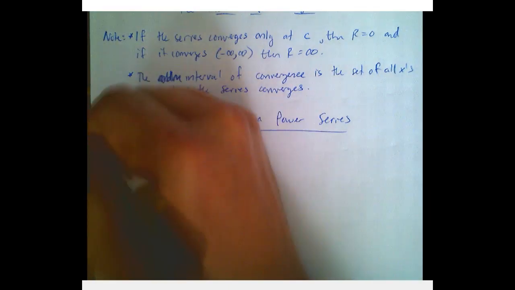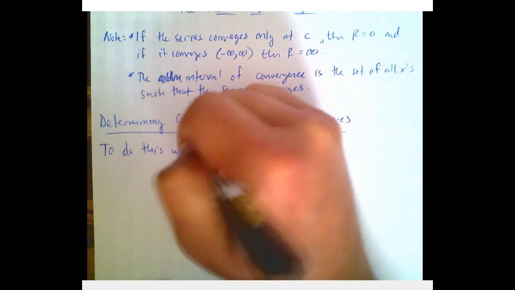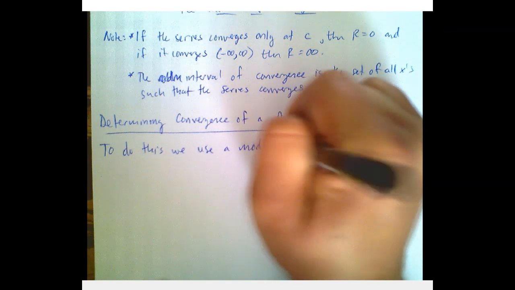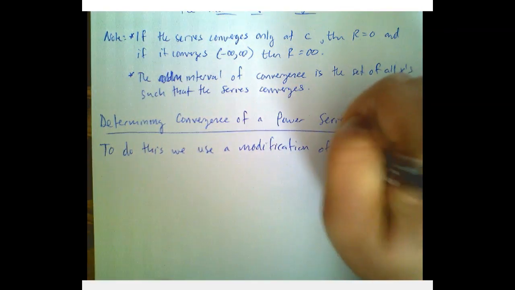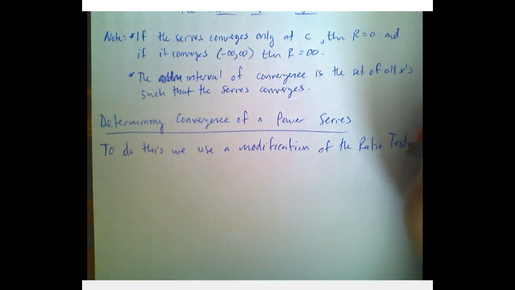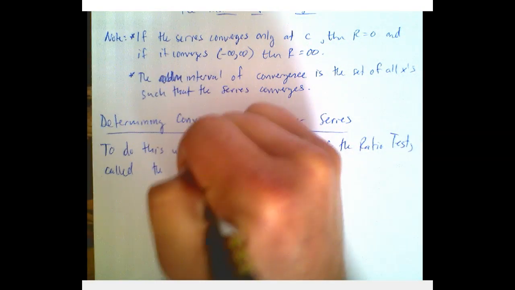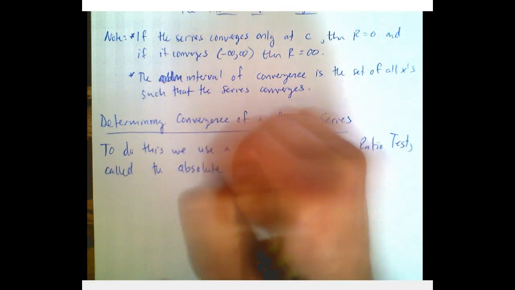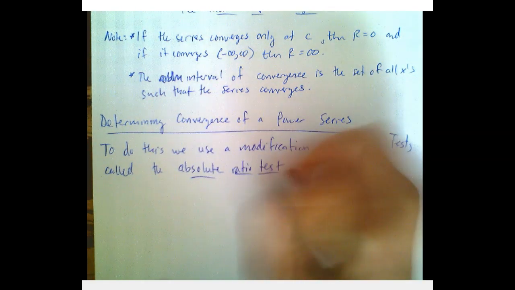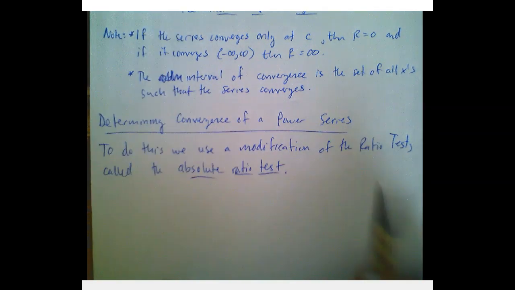To do this, we use a modification of the ratio test called the absolute ratio test. Okay. So it's basically just the ratio test of the absolute value of the series.